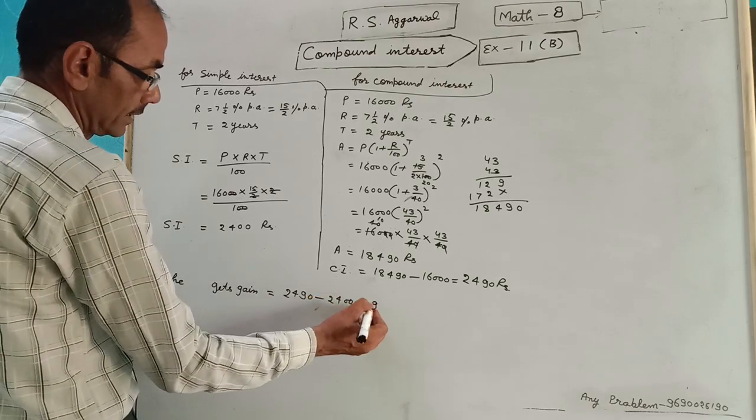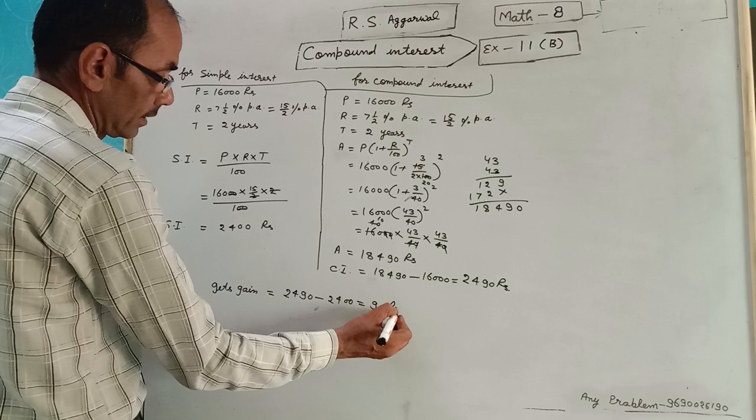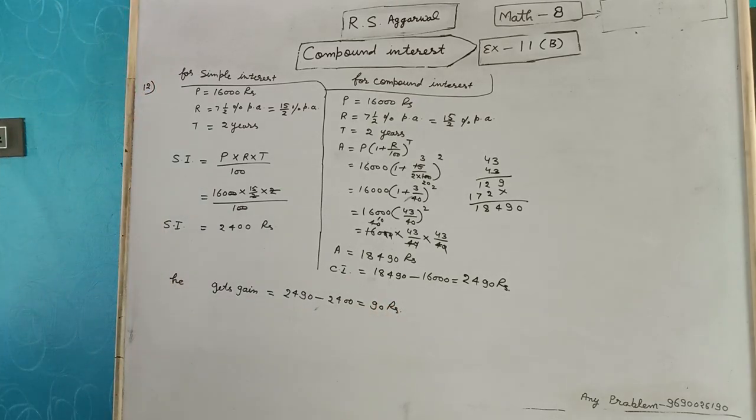After minus, it is 90 rupees. 90 rupees gain, or you can write the difference between two interests, simple interest and compound interest. Thank you.